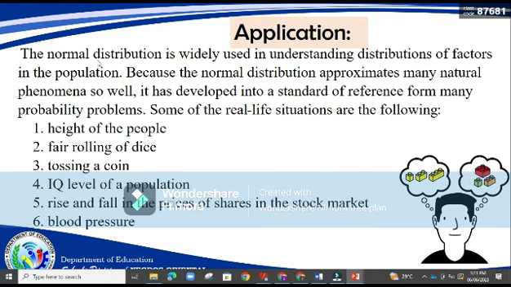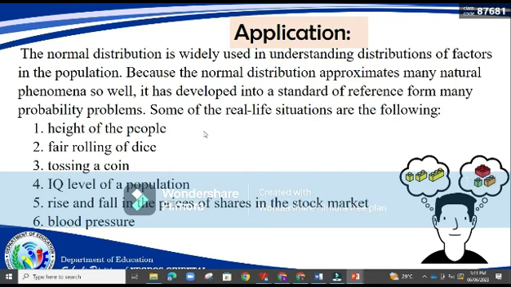Then application. The normal distribution is widely used in understanding distributions of factors in the normal population. Because the normal distribution approximates many natural phenomena so well, it has developed into a standard of reference for many probability problems.